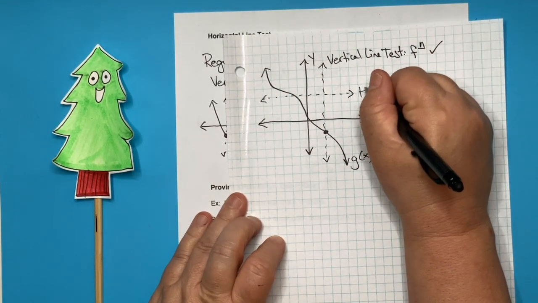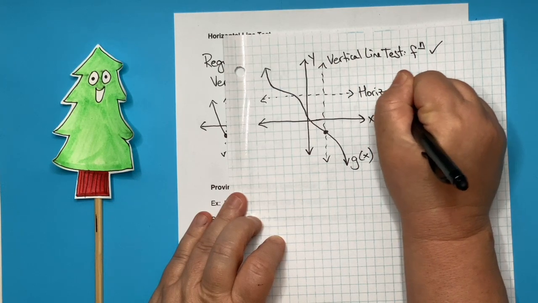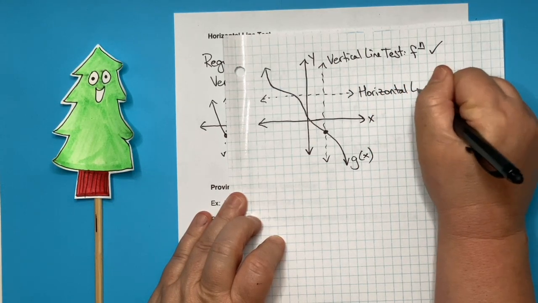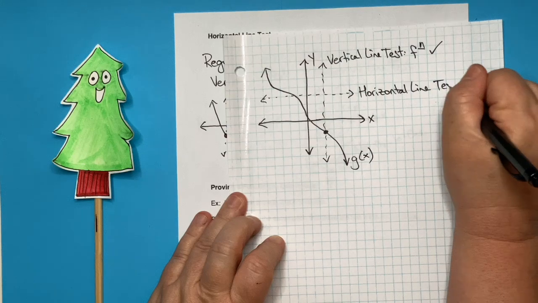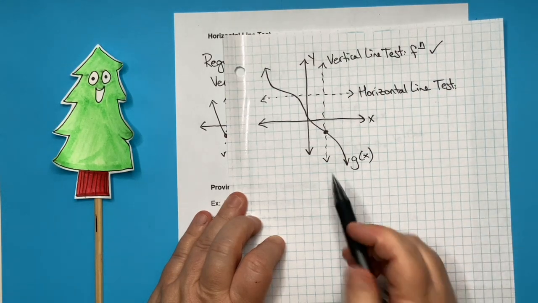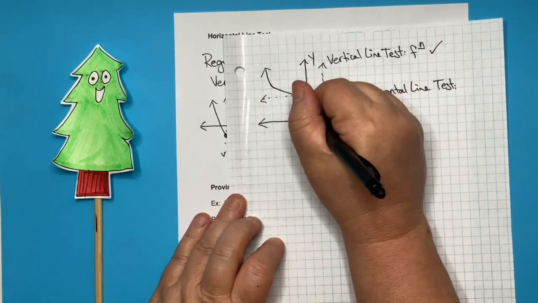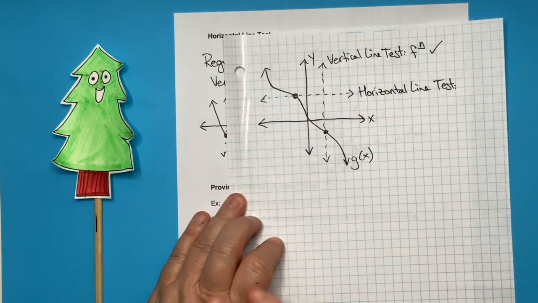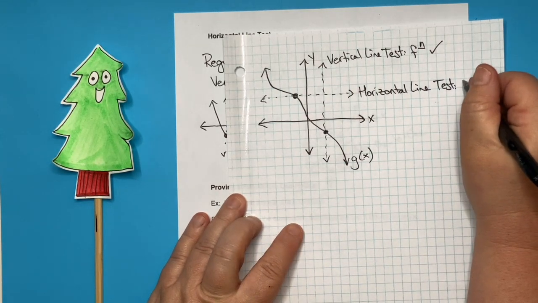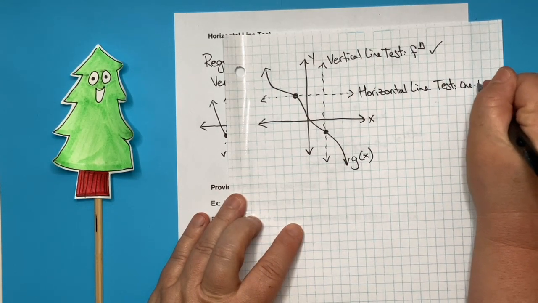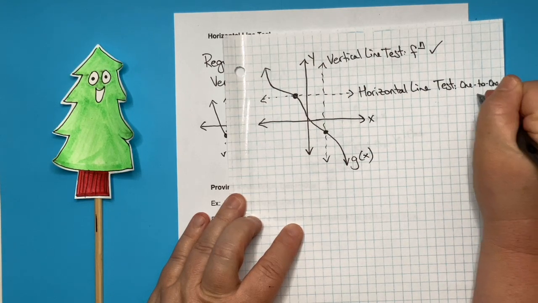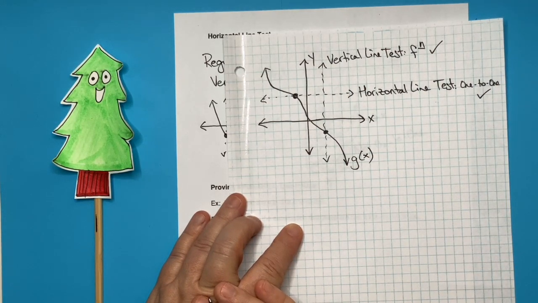And then the horizontal line test, if it passes that, which you want to think about horizontal lines, and I claim every horizontal line goes through exactly one point. So that tells us it's one-to-one. So this is a function which is also one-to-one.